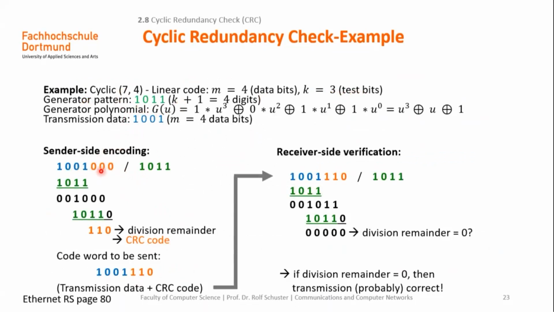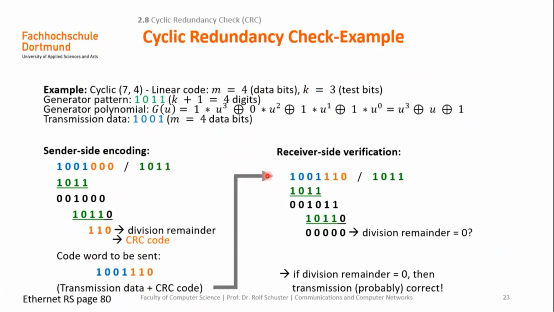That is, we append 3 zeros at the lowest part of this number. We divide this number by this generator pattern, and the remainder of the division is typically this number of 3 bits. And this is the number that we append to the data and transmit across the network.